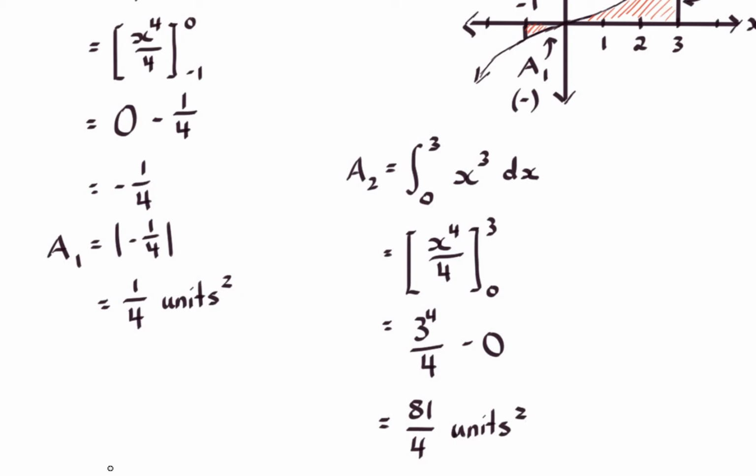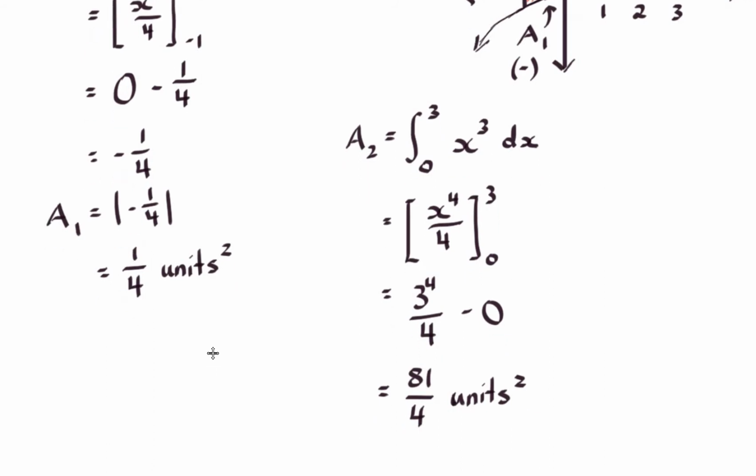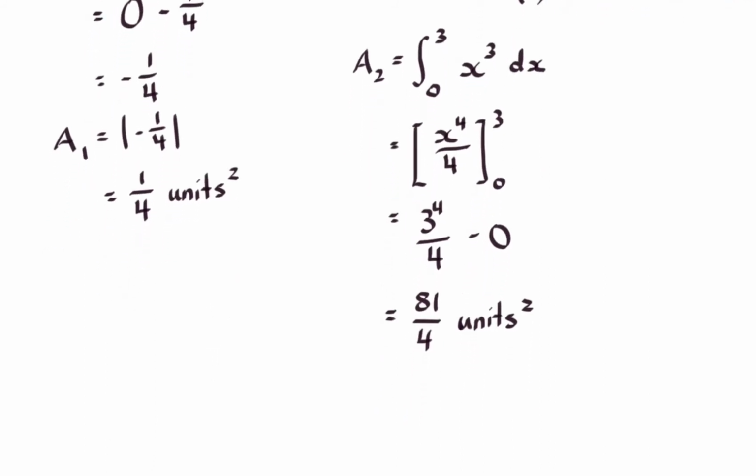Our total area is what we're after, however, so we want to add areas 1 and 2. So our total area A is the addition of area 1 and area 2, which is 1/4 plus 81 on 4.